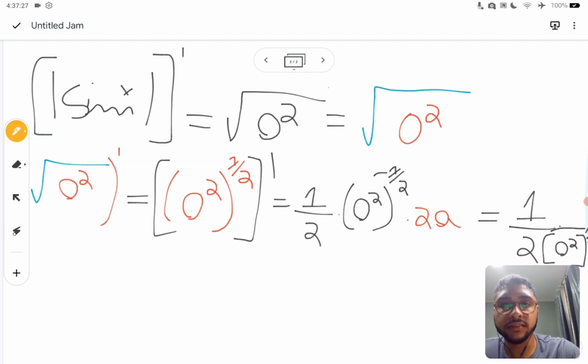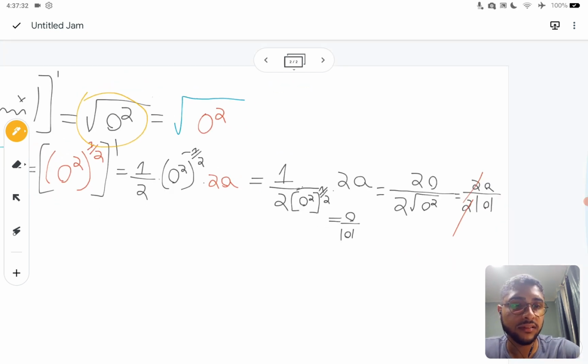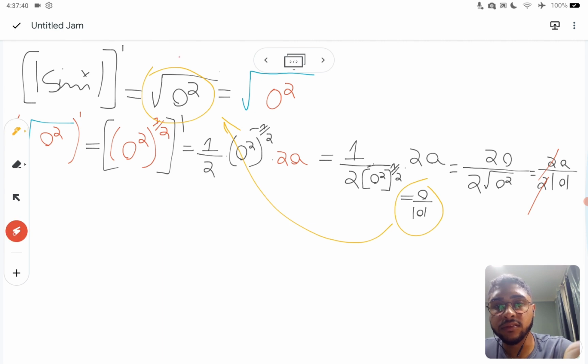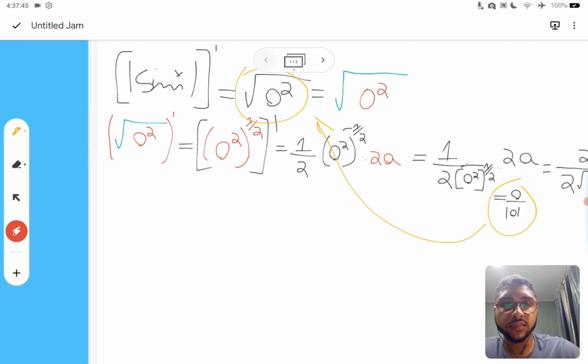This is the answer for the derivative of the square root of a squared. Let's move back.